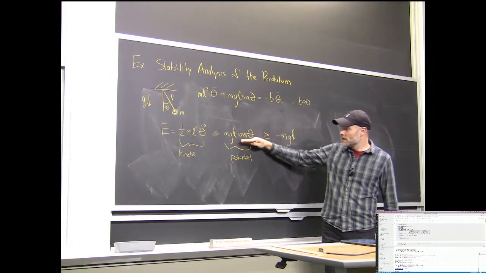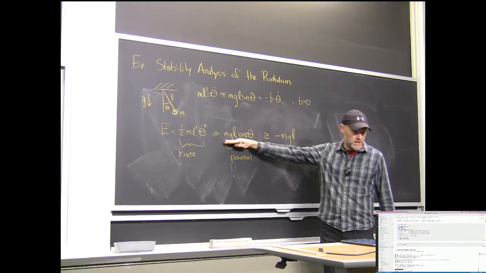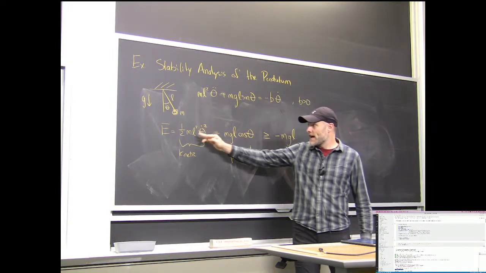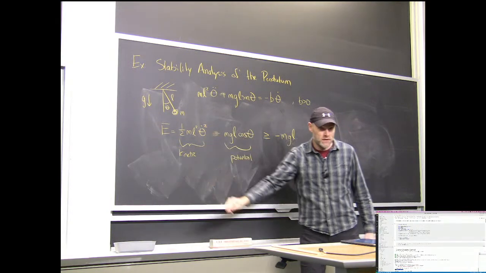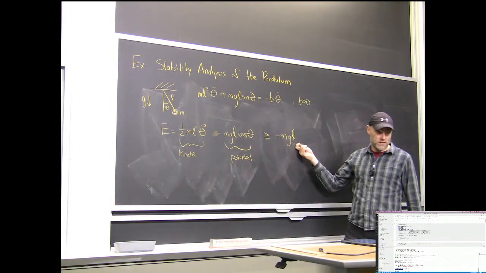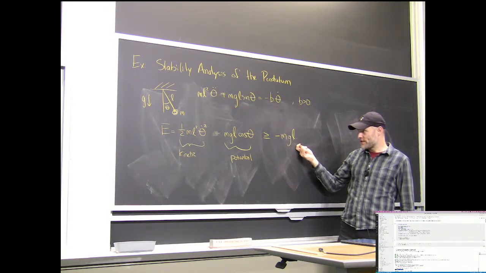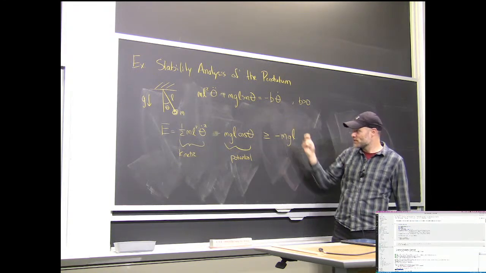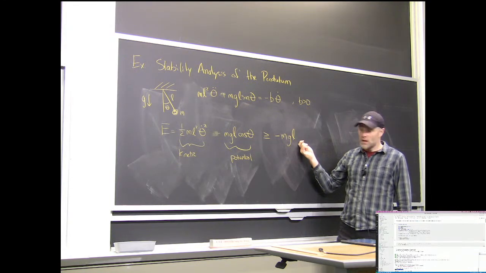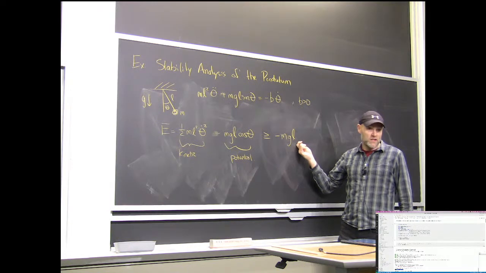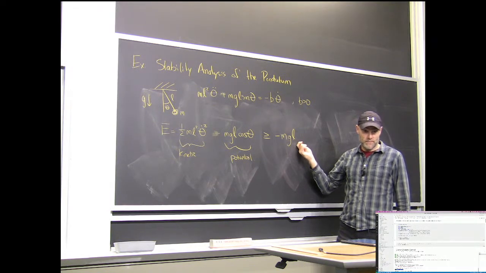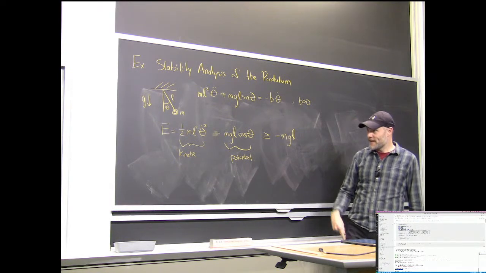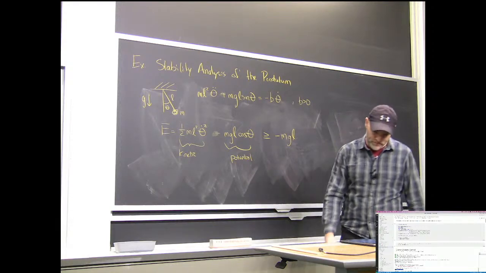So the worst it can do is make this thing negative m g l, right? And theta dot squared is only positive, right? So the lowest that energy can ever be is negative m g l. It's a little weird that I have my coordinate system like that, but to make those match, I did it, okay? So importantly, the function is bounded below. You can't have negative infinity energy.